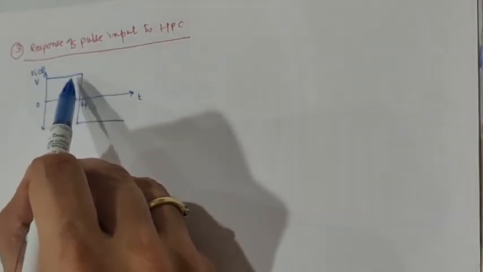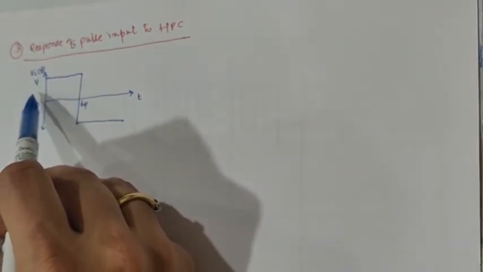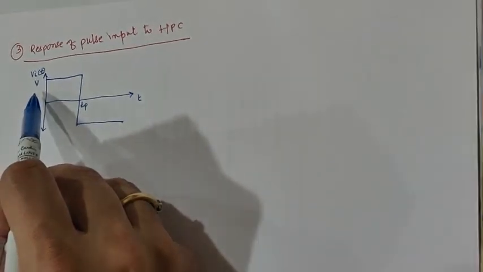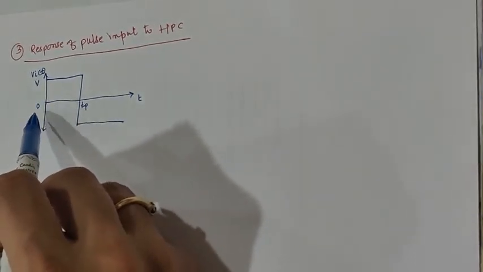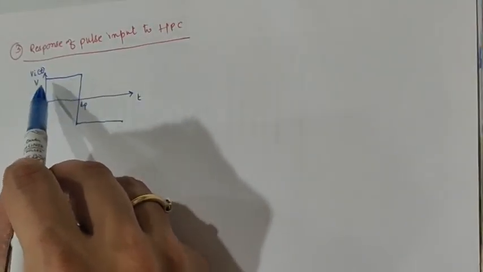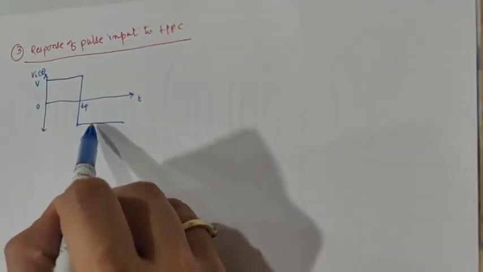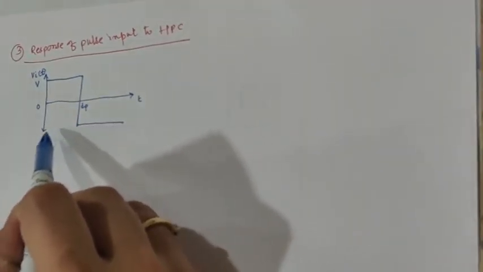You can see that it is similar to the step input having voltage V. So from 0 to tp you will get the same input as that of the step input, which is equal to V, and after tp the voltage is minus V.